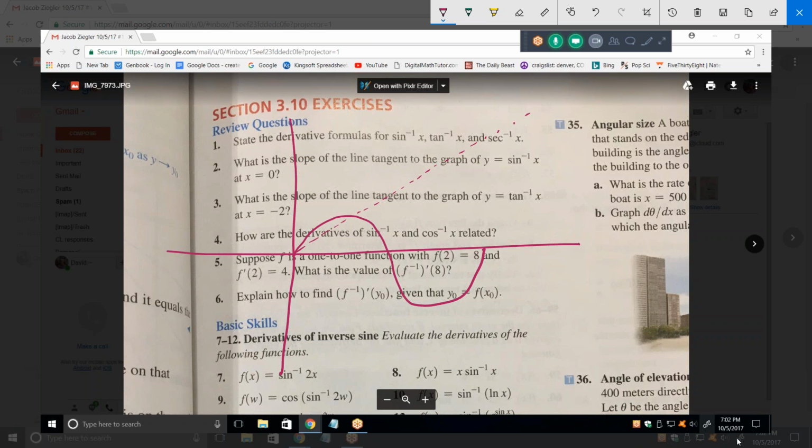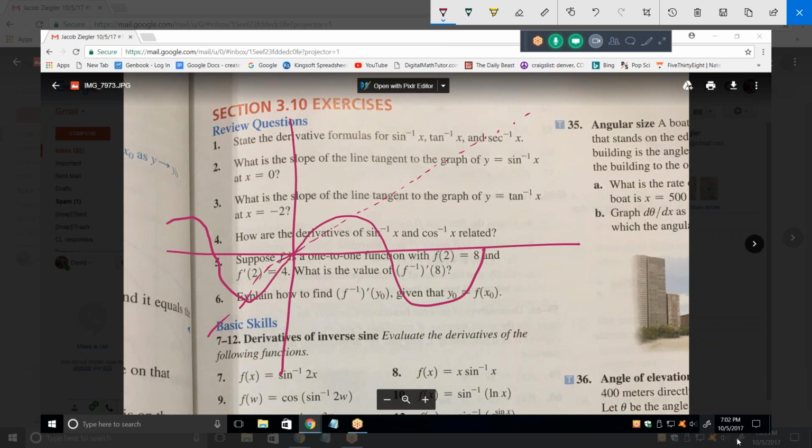The only thing is that in order for that function, sine of x, to have an inverse, it has to be 1-to-1. And notice that it does not pass the horizontal line test, right? In other words, I can't draw a horizontal line through that sine function.